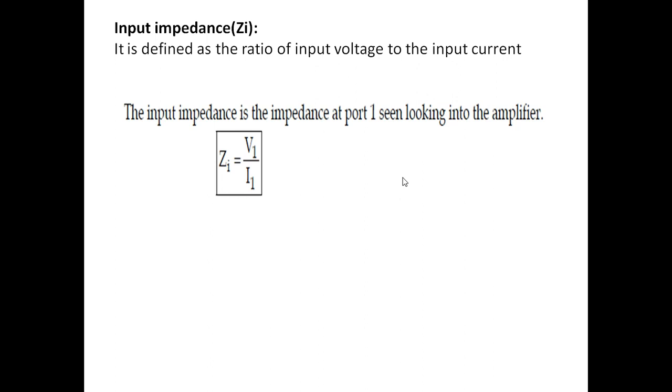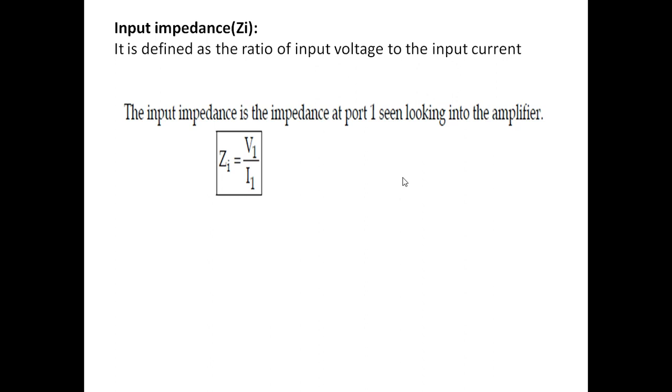Now, the impedance is the term which is a synonym to the resistance, but the impedance is taken when the circuit consists of an AC component or AC signal.